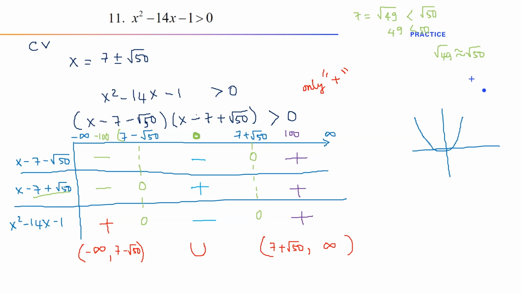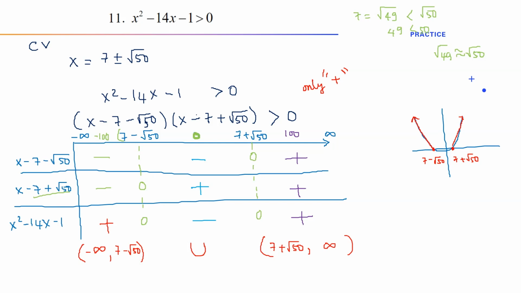And the two intersections right here are 7 minus square root of 50 and 7 plus square root of 50. So that's the two values. And whatever region is above, it will be greater than 0. So this part of the graph is greater than 0 because it is above the x-axis, right?